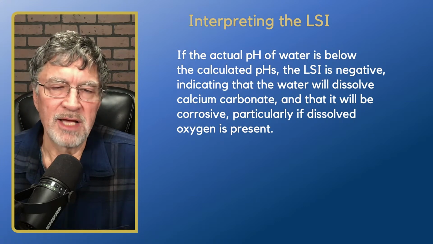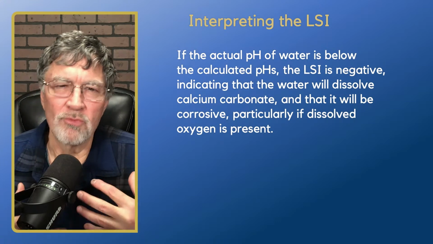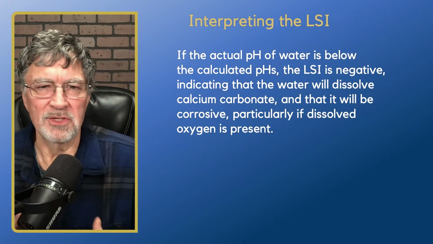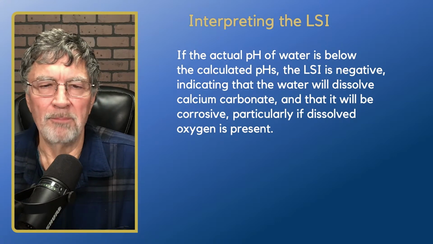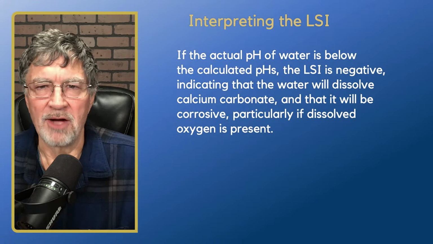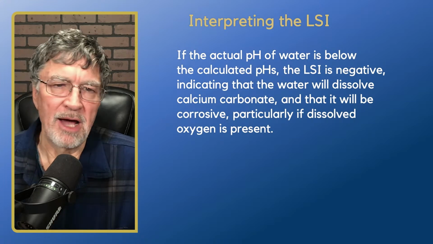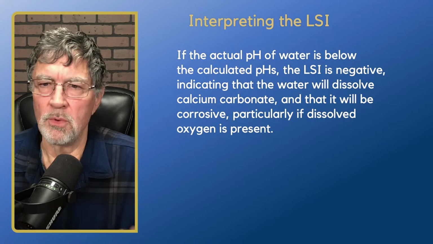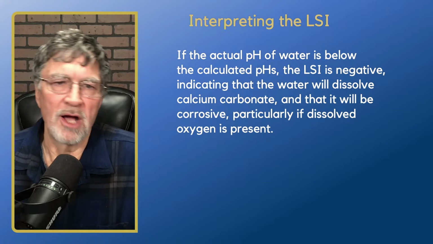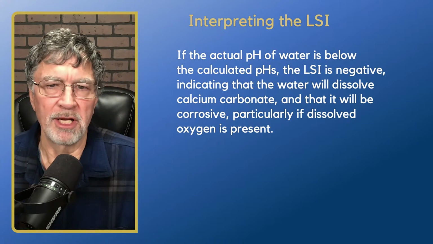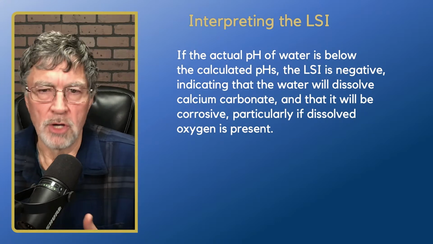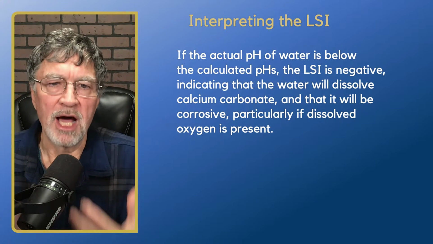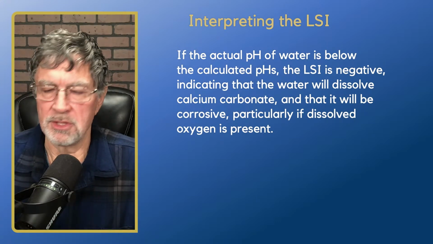So that's really where the corrosion comes in. It's aggressive. It means you're not getting calcium carbonate precipitating out and protecting the bare steel. So negative LSI means you're undersaturated in calcium carbonate, so the water will dissolve the calcium carbonate and you will not get calcium carbonate deposition in your well.